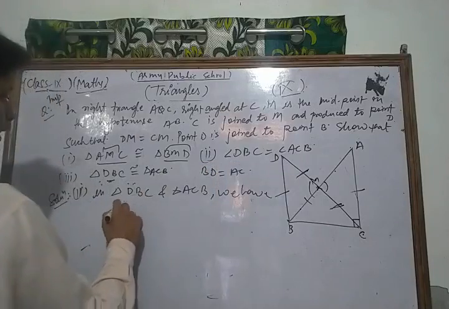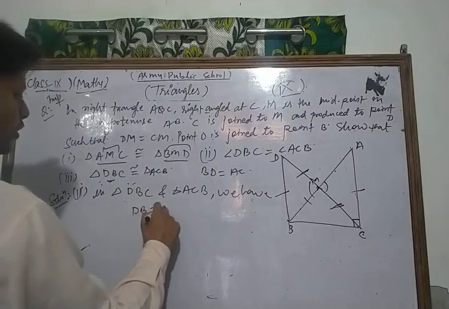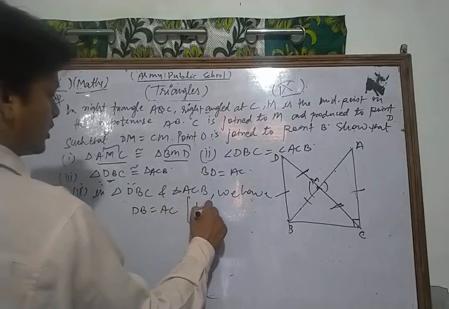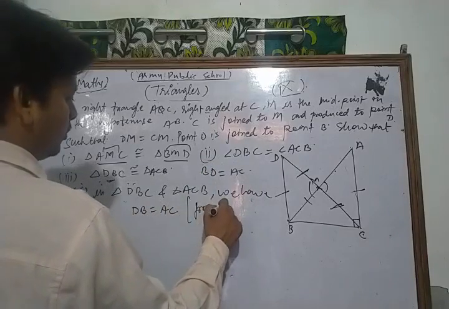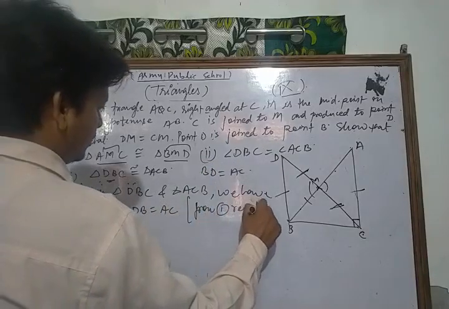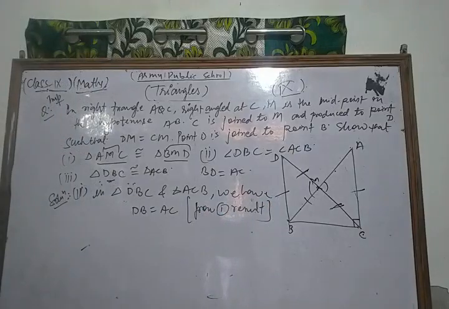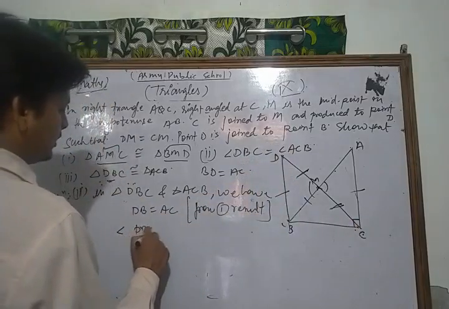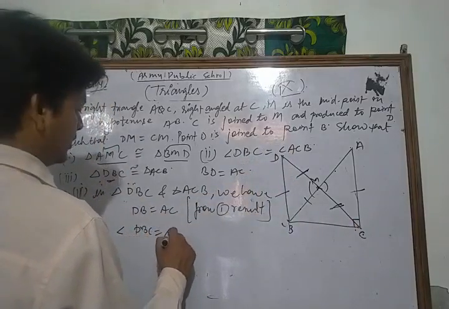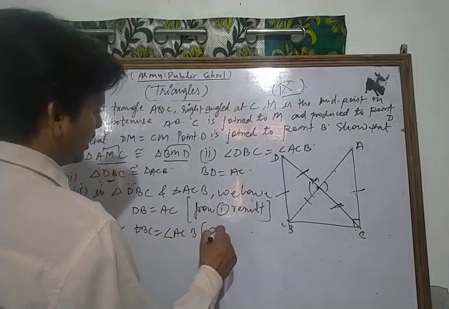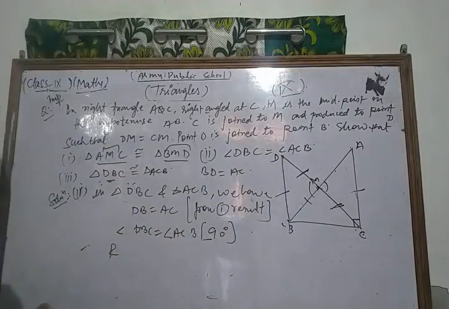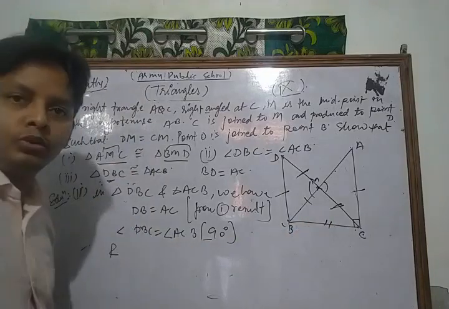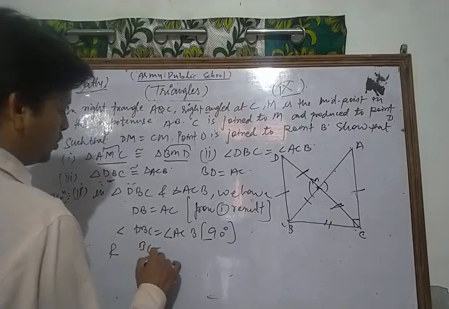So in both the triangles, DB is equal to AC from the first result, and angle DBC is equal to angle ACB, which is 90 degrees. And second, BC is equal to CB. BC is common in both the triangles.